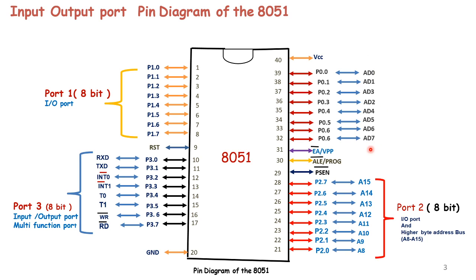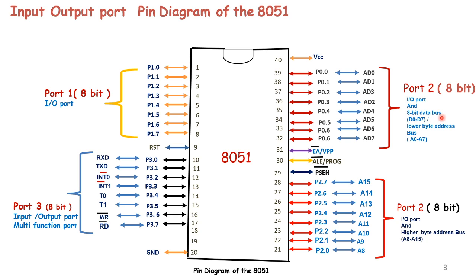So these 8 pins, AD0 to AD7, can work as address or data. The functions of these pins are 8-bit input output port and 8-bit data bus D0 to D7.